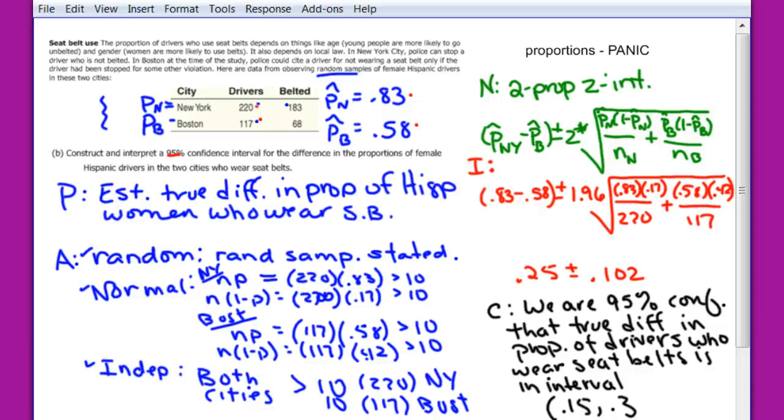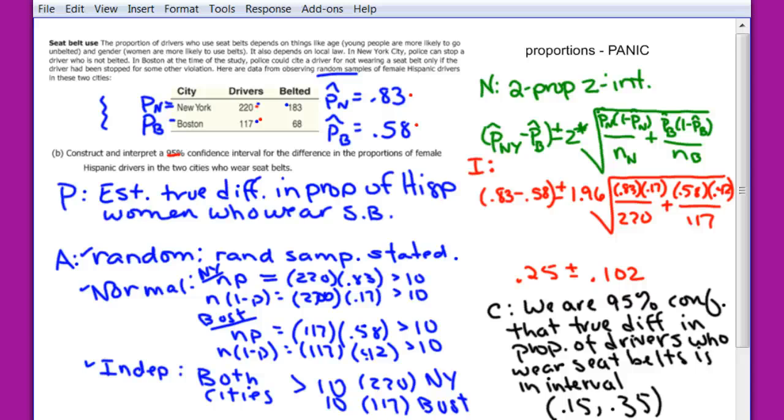I rounded that 0.102 to 0.10 to make my math a little bit easier. So there you have the entire confidence interval. It looks good. I covered all of my bases.